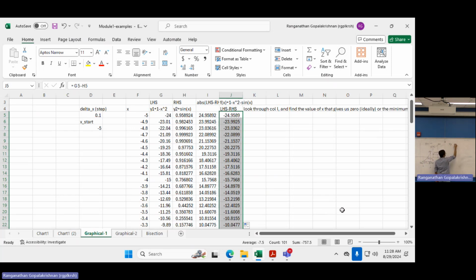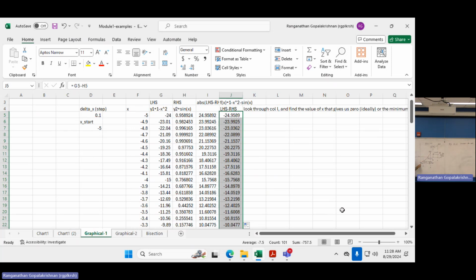If A and B contain the root, then what is the product f of A times f of B? That product should be negative, because the value f of B is on one side of 0, either negative or positive.